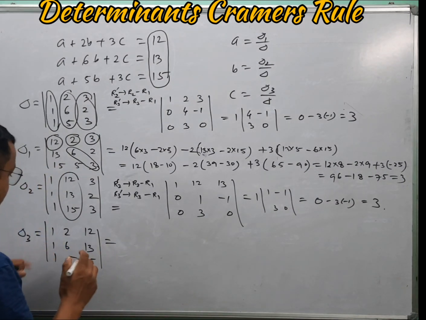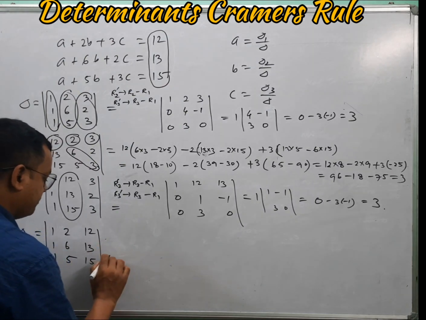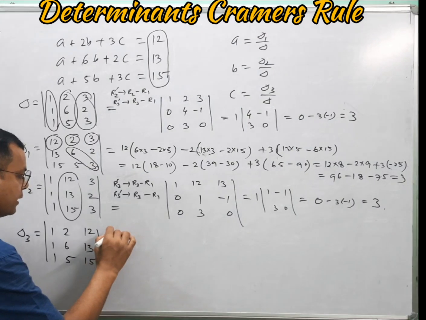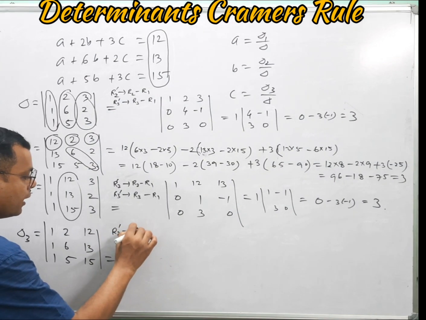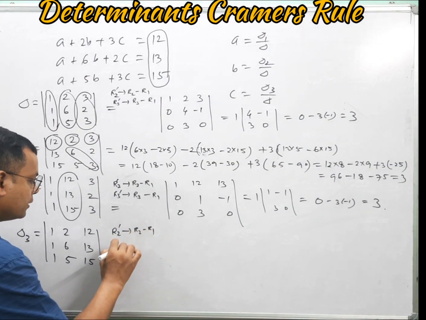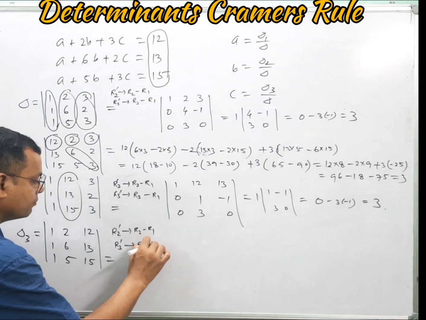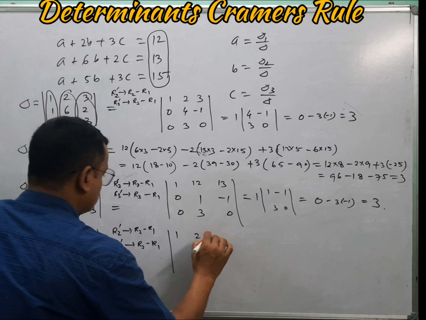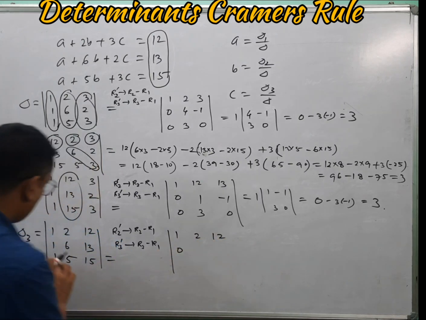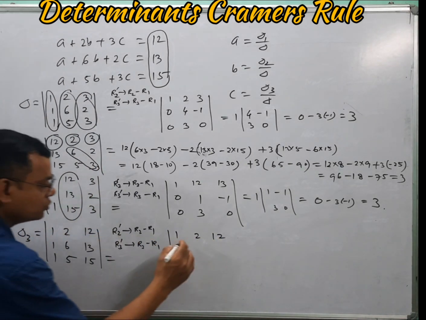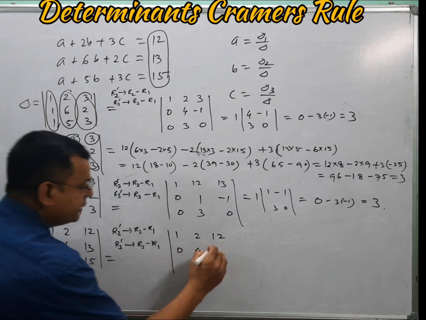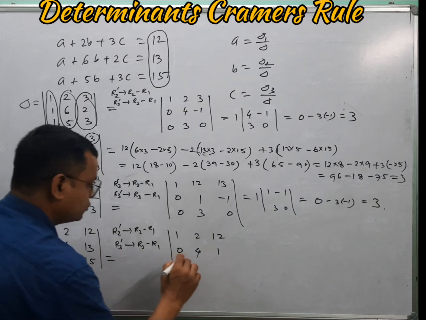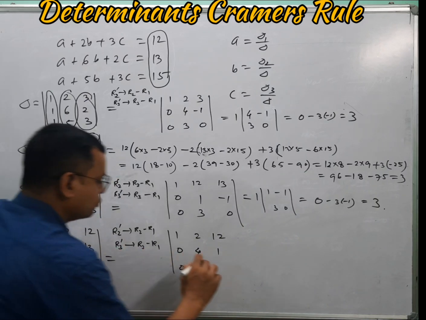Now delta 3, okay. So see, delta 3 also we can apply the same process how I did, because these 3 are the same. So how will we do this one? R2 goes to R2 minus R1, R3 goes to R3 minus R1. So now what are you getting? Check. 1, 2, 12 as it is, but here is 0, 1 minus 1, 0, 6 minus 2 is 4, 13 minus 12 is 1, 1 minus 1, 0, 5 minus 2 is 3, 15 minus 12 is 3.